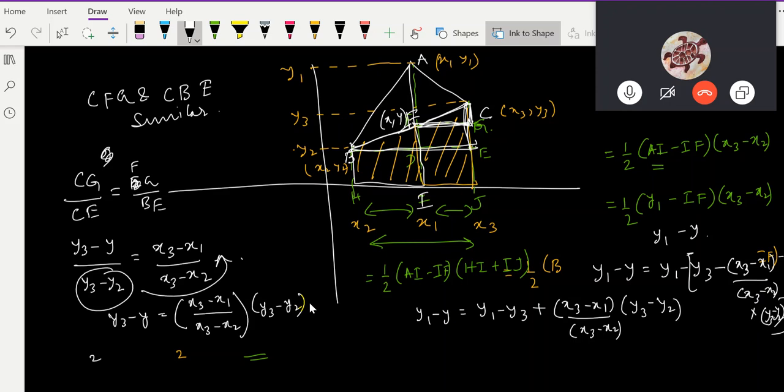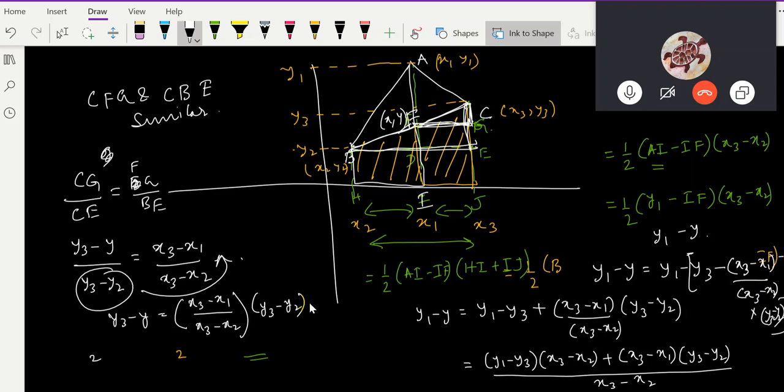Okay, so this is Y1 minus Y3 into X3 minus X2 plus X3 minus X1 into Y3 minus Y2 over X3 minus X2, right?